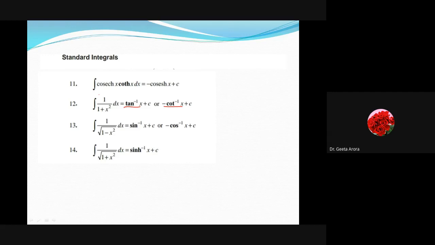It might be possible that when we look at the problem, it is 1 by 1 plus something else squared. So obviously, whatever the term is that is squared, you need to take it as x, and then the answer can be written as tan inverse of that term. We have seen during the earlier lectures also, whenever we have to frame a quadratic equation, that a lot of substitutions were done.